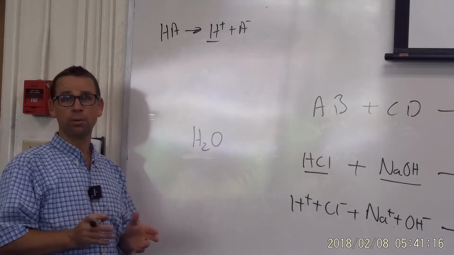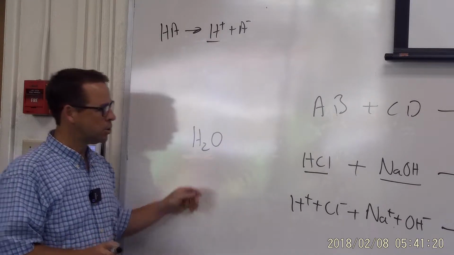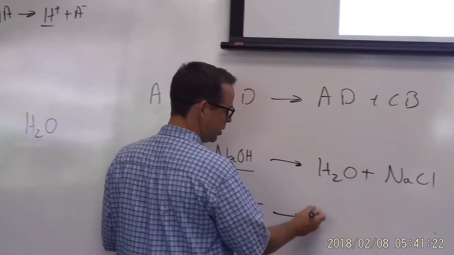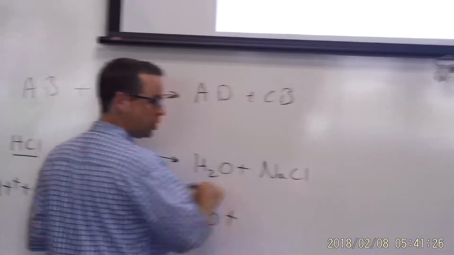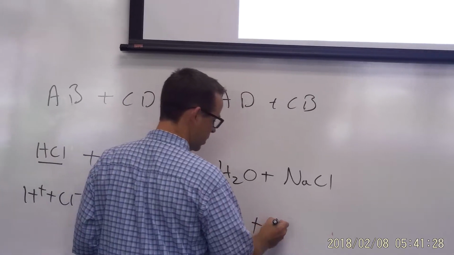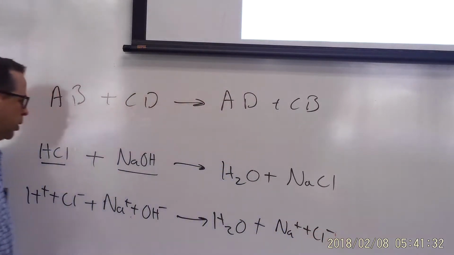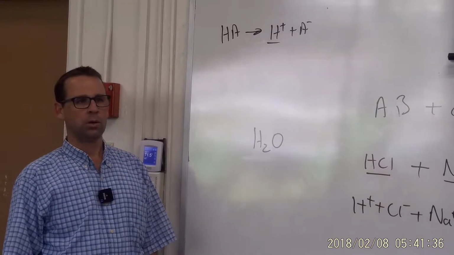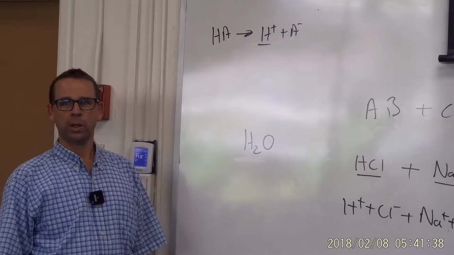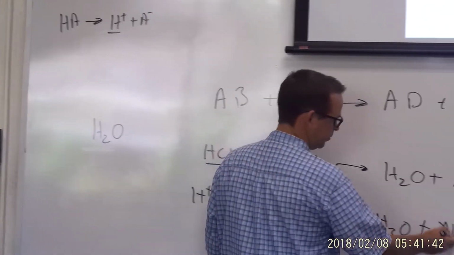So it's a really, really weak acid. It's the weakest of weak acids. Okay, so because it's weak, we don't show it dissociating. Sodium chloride, will it dissociate? Yes. Na+, Cl-. What are our spectator ions here? All right, the sodium ion and the chloride ion. Okay?